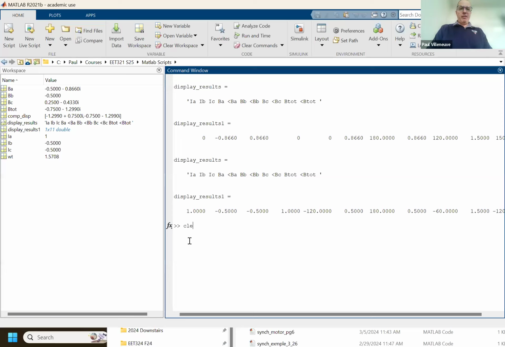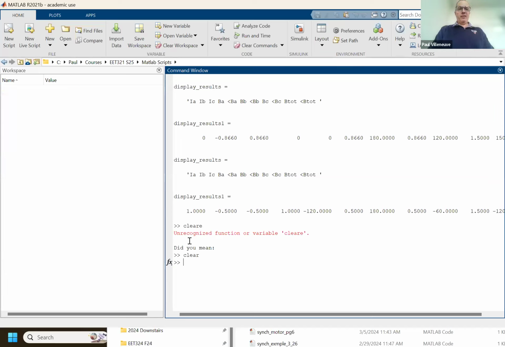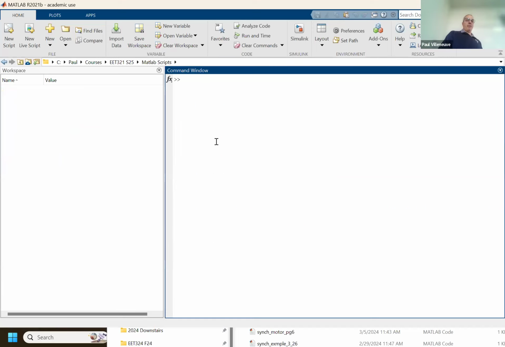Look what happened when I type clear. Those are all gone, so it doesn't know what those variables mean anymore. When I run a MATLAB script file with clear in it, it starts from scratch. The clc, I'll show you what that is. That just clears the command window, so it doesn't have a lot of extra material. Clear is the one that keeps me really honest. So that's why I like to have that there.